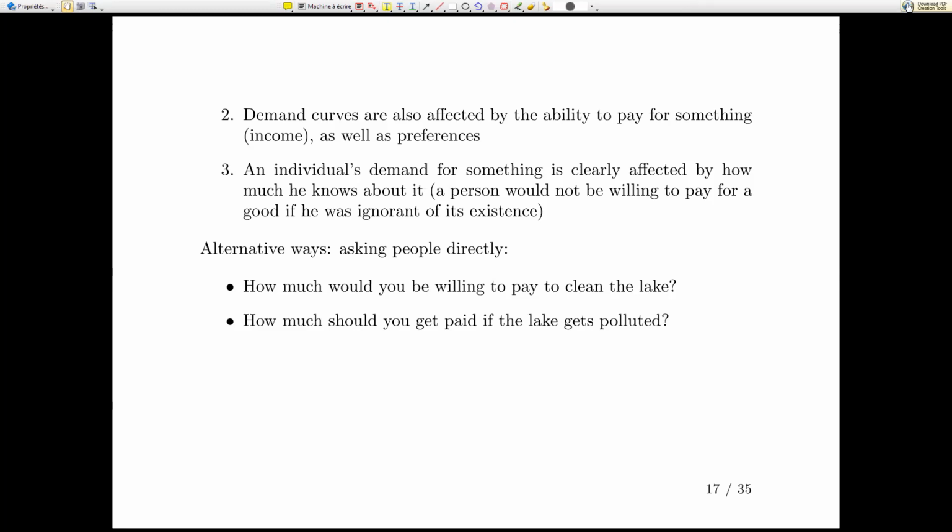But what we have is a very unequal society where some people have lots of money and some people have very little money. And we think it's somehow obscene that some person with a lot of money is going to have the best healthcare in the world and the poor person is going to have nothing.